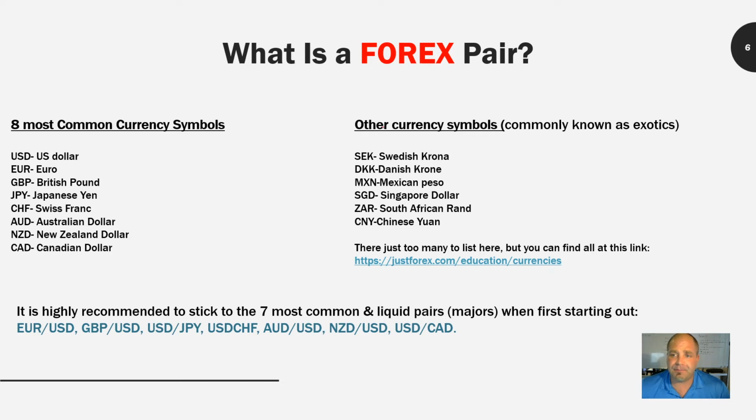Now, I have some other currency symbols. These are commonly known as exotics: the Swedish krona, the Danish krone, the Mexican peso, which we'll talk a little bit about later, the Singapore dollar, South African rand. Now, these are easily tradable against these other pairs, but if a broker allows it, I caution you, especially in the beginning.